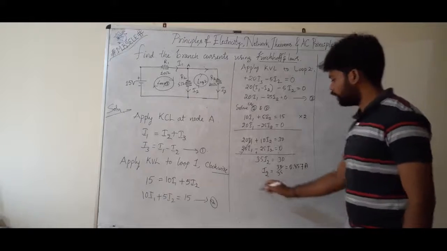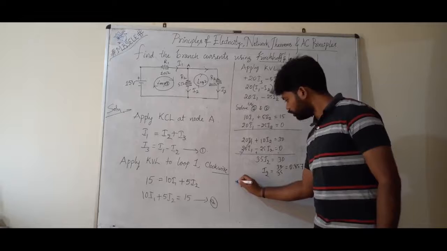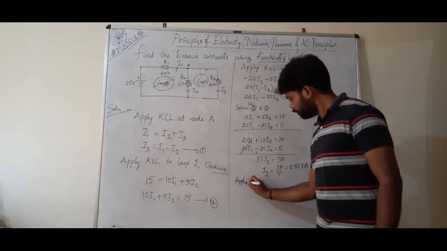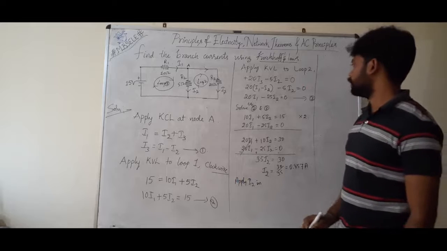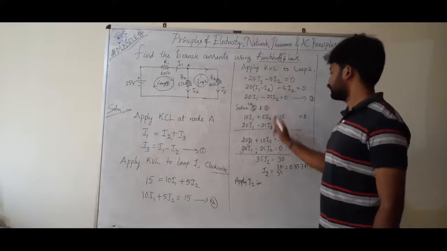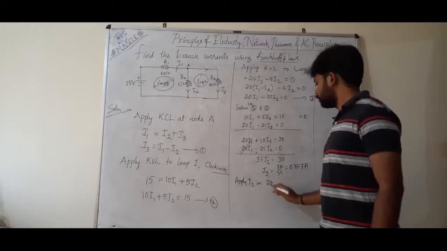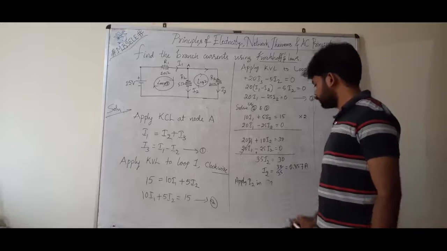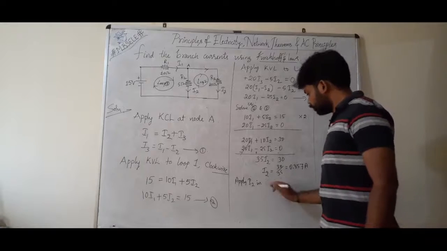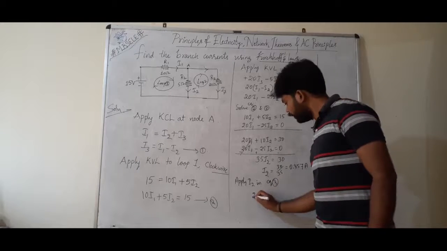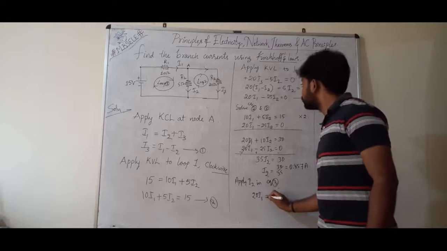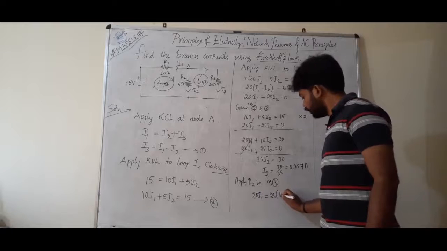Which equation should we substitute it into? Let us substitute it into equation 3. So 20I1 is equal to 25I2.